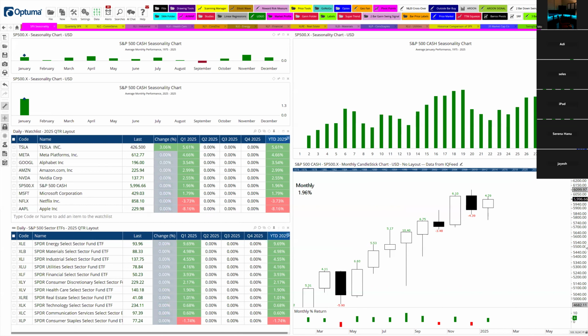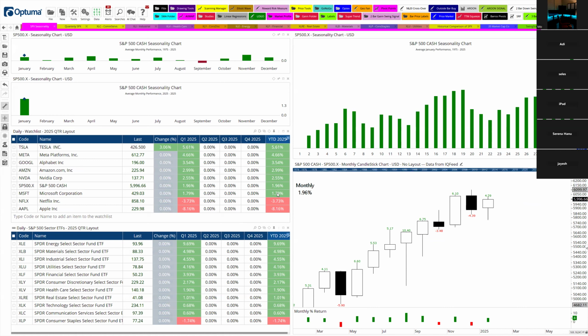The last week is where we're going to have some big names on the earnings list. Looking at this, Tesla is leading now at 5.61, Meta 4, Google 3.5, Amazon 3, Nvidia 2.5, S&P 1.96, close to 2, Microsoft 1.79.